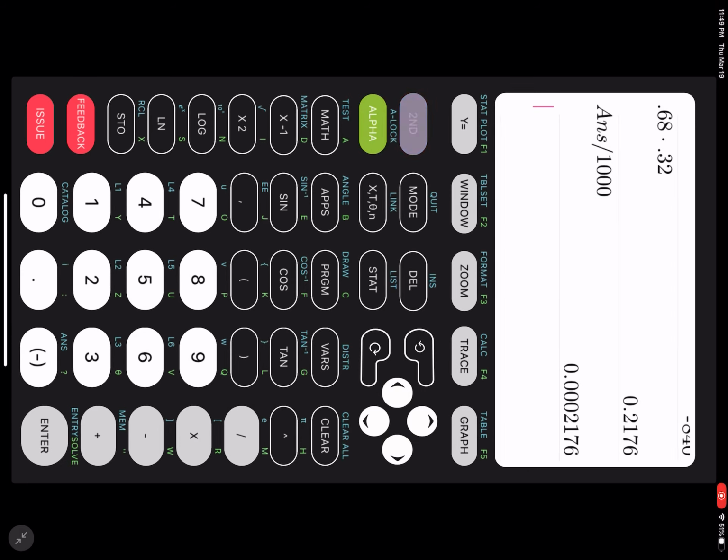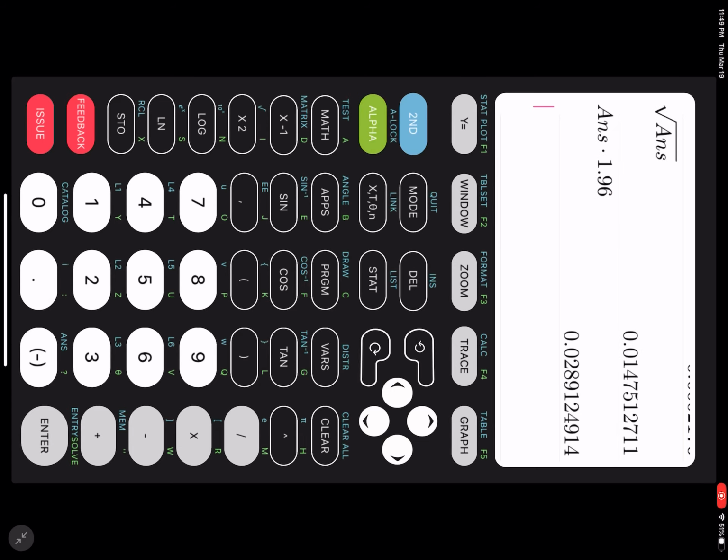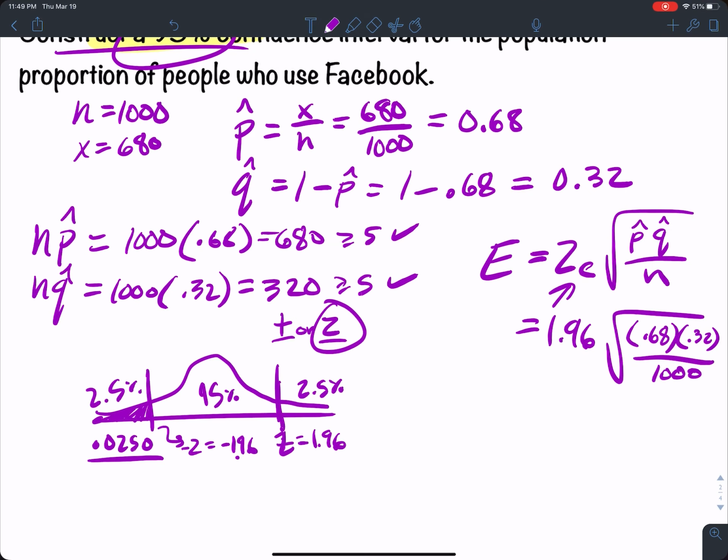I do second square root, second answer, and hit that. Then I multiply by 1.96, and I get 0.0289. So this gets me 0.02891, right? I'm getting a little crazy there with my decimals.